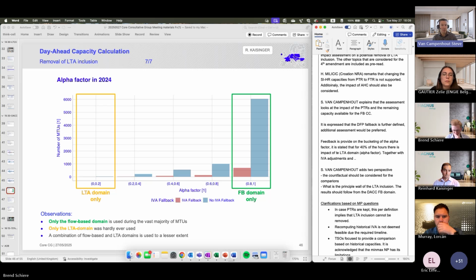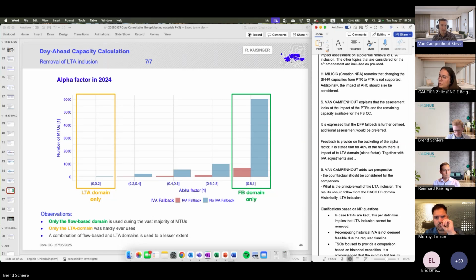And LTA inclusion is coming from a long history where in the past we did not have such minimum capacity requirements. We did not have a 70%, we did not have a 20%. And the LTA inclusion was really a much needed band-aid in order to have some capacity coming out of a grid model which was of inferior data quality, and make sure that the revenue adequacy added up.